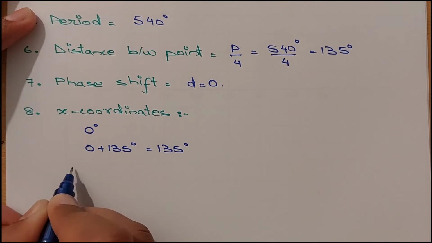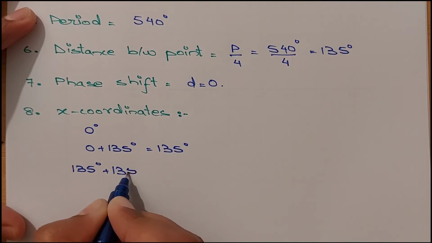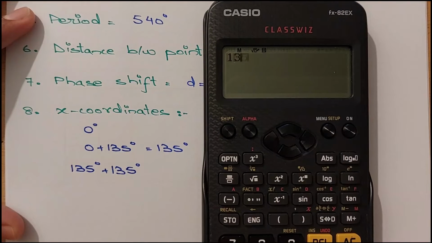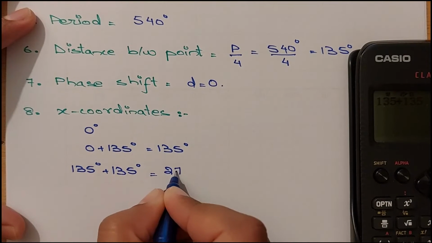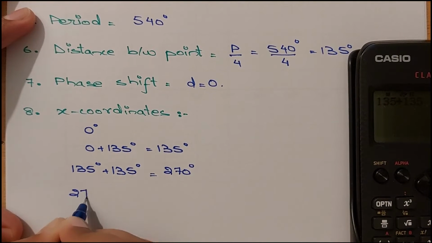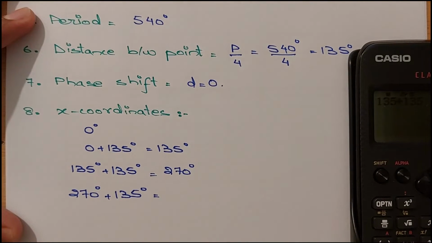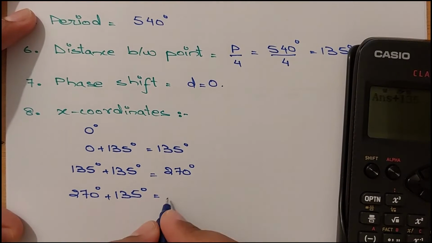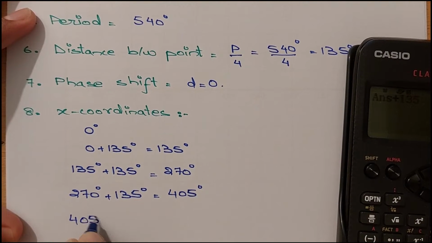In 135 again add 135, that is 270. In 270 add 135, each time adding the distance between points, giving 405.